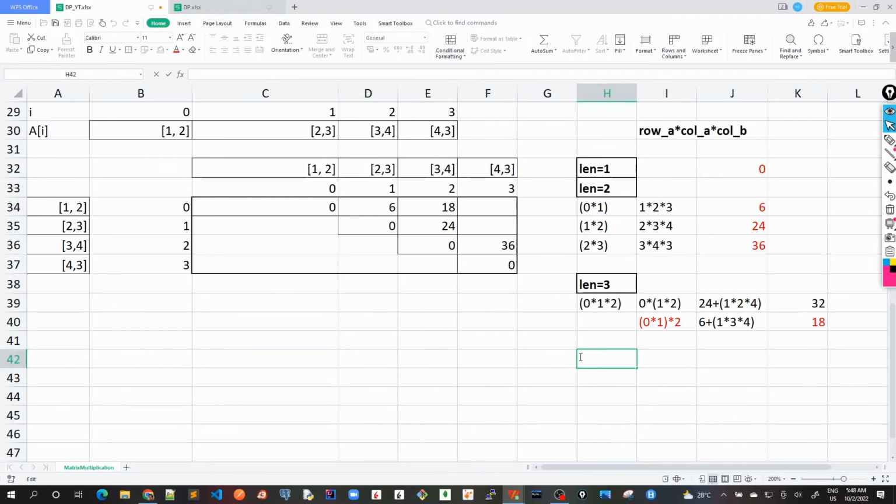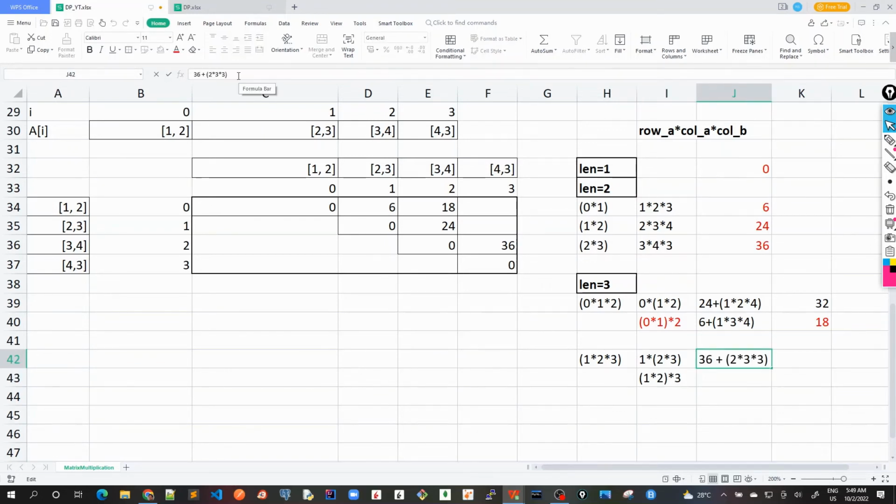Now let's move to the second case. I will use the same formula here, and I'll do it a little bit quicker this time. For 1 multiplied by 2 multiplied by 3, 2 and 3 we have already calculated here, which is 36. That's why I wrote 36 here.